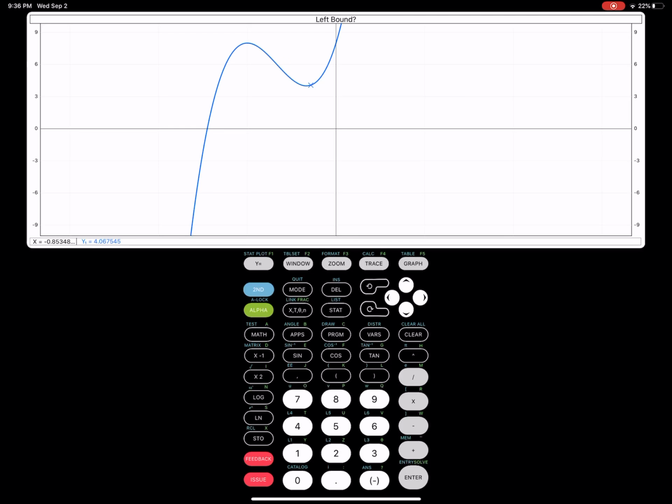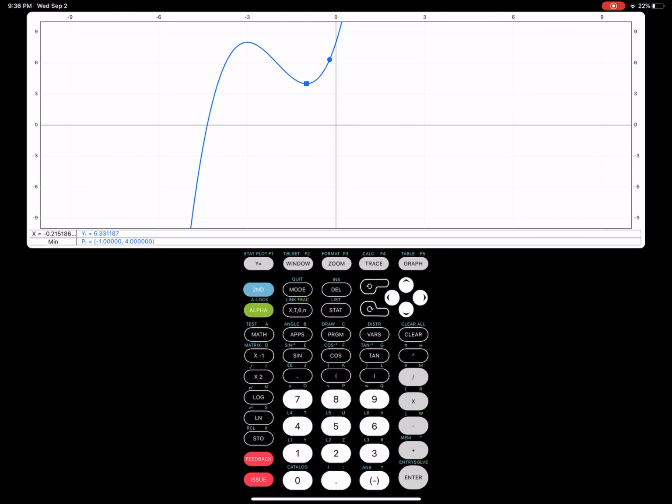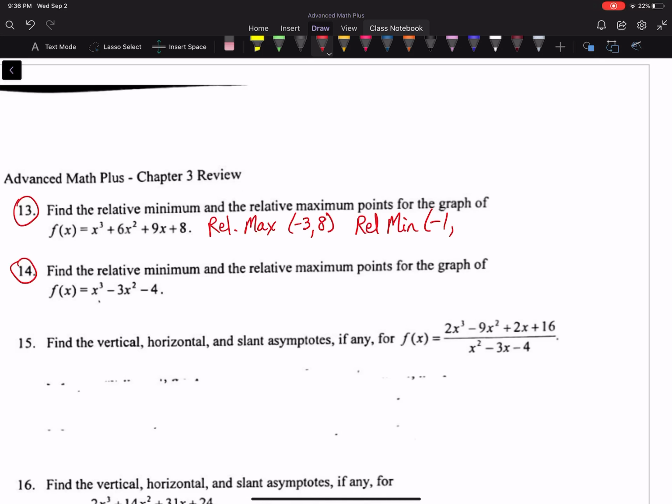I know there's my minimum somewhere, so I need to go left of that, hit enter, go right of it, hit enter. And again, you'll have to hit enter one more time, but mine, I don't have to do that. So it is -1, 4 is my minimum. So -1 and 4.